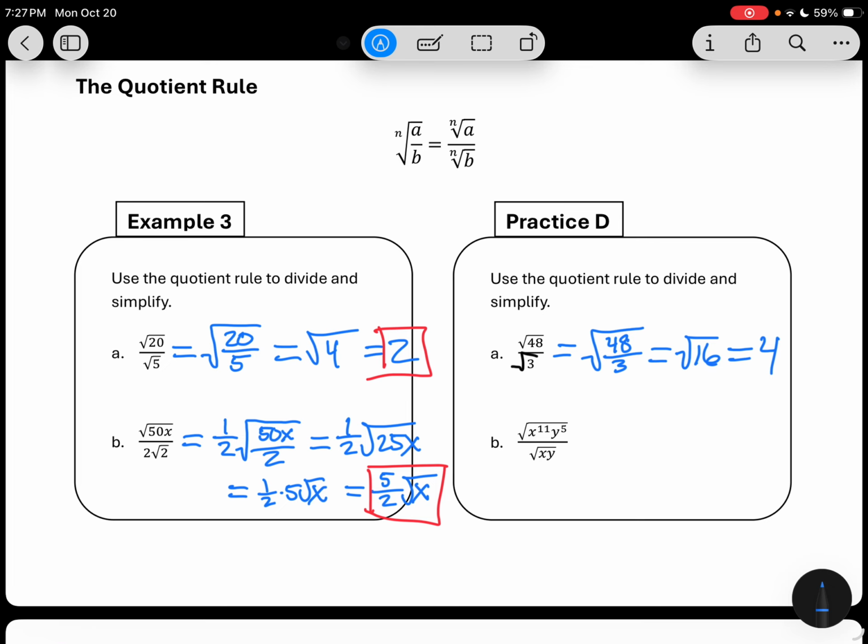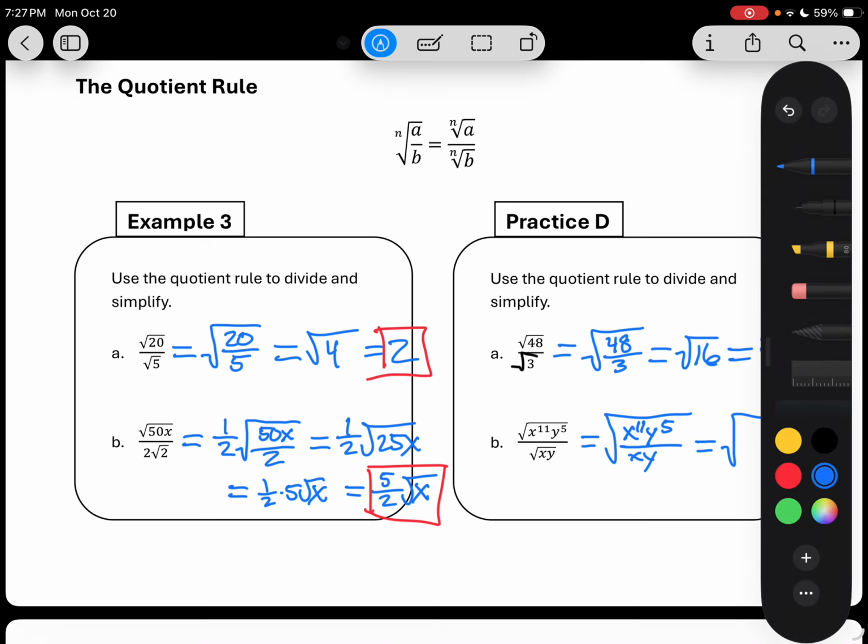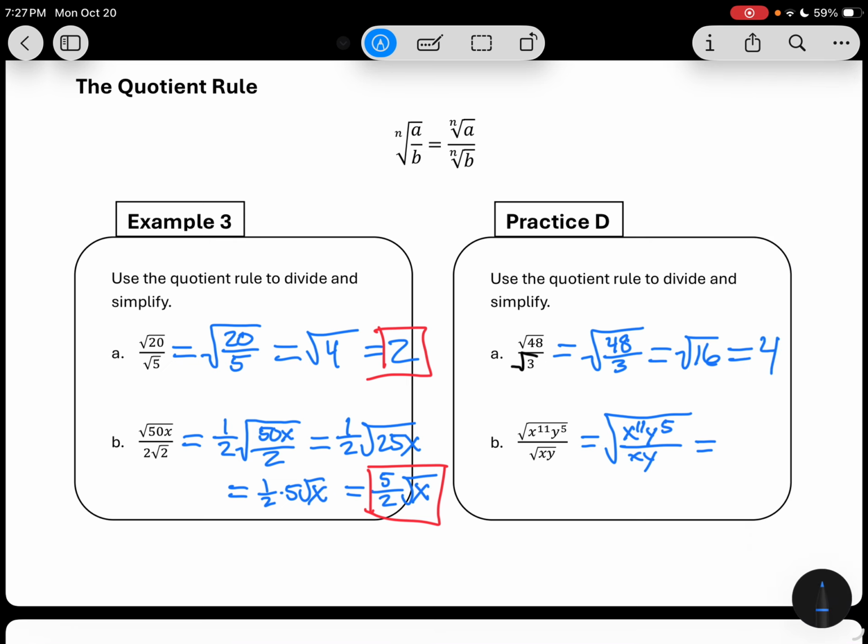And then on letter B, we can rewrite it as the square root of x to the 11th, y to the 5th, all divided by xy. And then that'll simplify because the x to the 11th will simplify with the x on the bottom and leave you with x to the 10th.